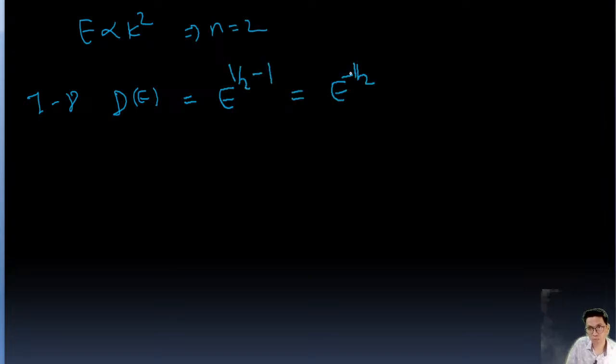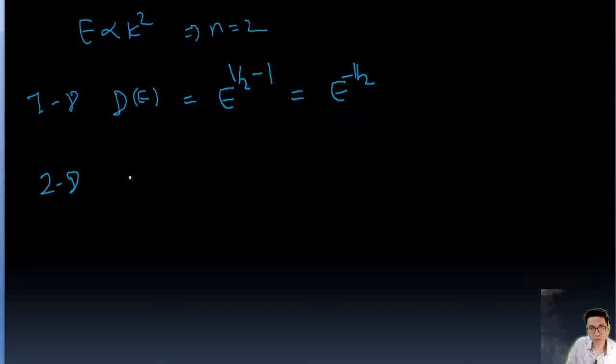In 1d, the density of state is going to be proportional to E to the power 1 upon 2 minus 1, so this is E to the power minus 1/2.